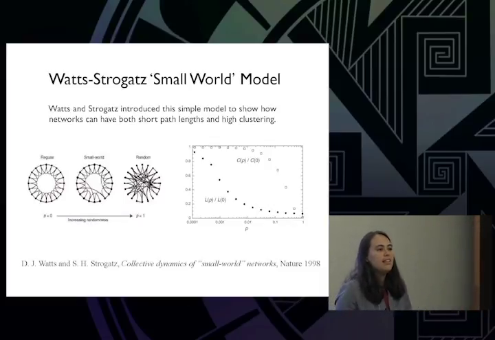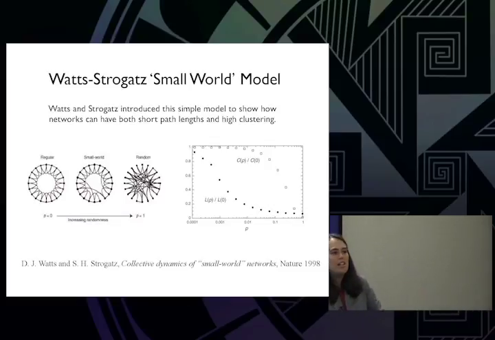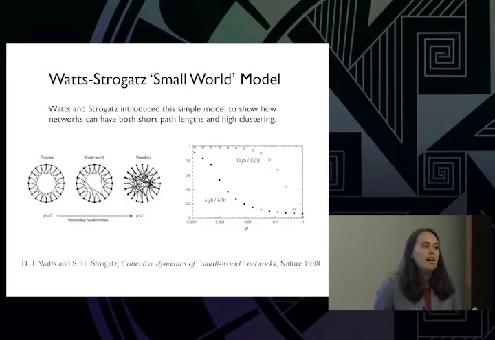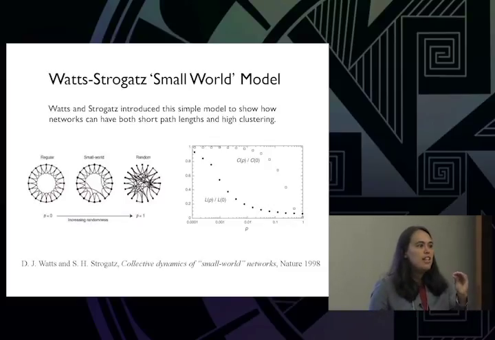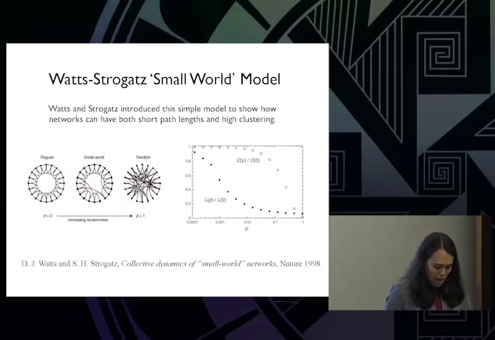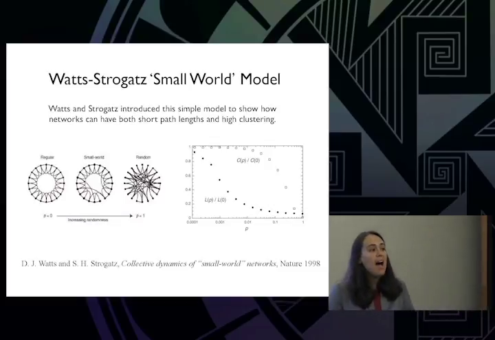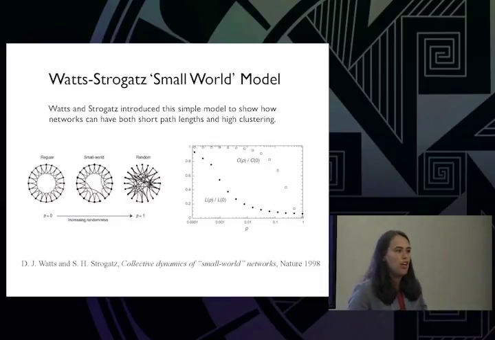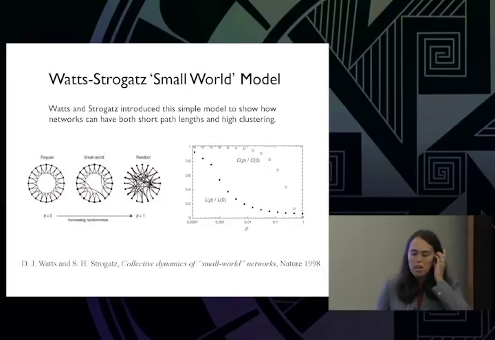Let's say everybody lives on a grid and they connect to the people close to them on the grid, like in Manhattan. It's easy to have very high clustering, triangle closure, in that type of network, but your average path length would get pretty big as this grid size got bigger and bigger. Your average path length would be pretty long.